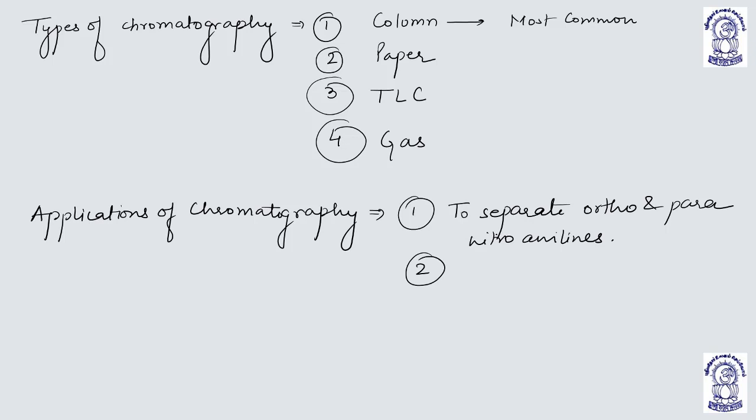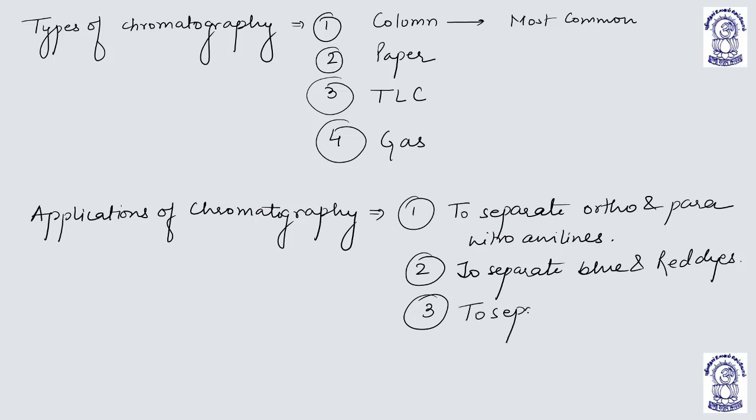Secondly, to separate blue and red dyes. As I've already told you, chromatography is used to separate the different components of color. Third, to separate and purify plant pigments and other natural products.